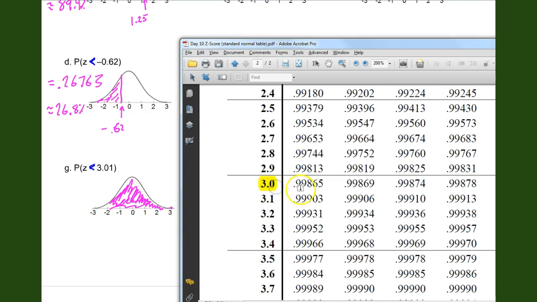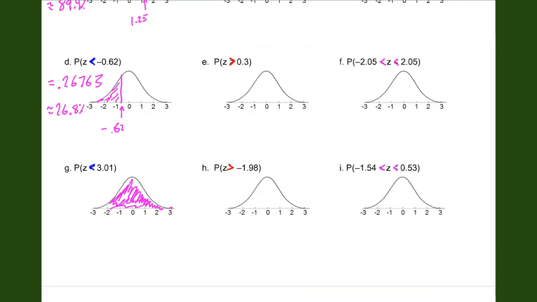This will be 0.00, this will be 0.01. So 0.99869. And as predicted, that's about 99.9%. This is almost the whole entire graph shaded to the left.